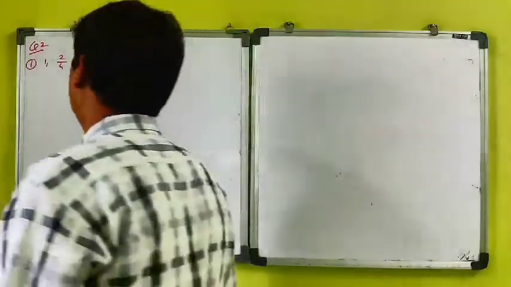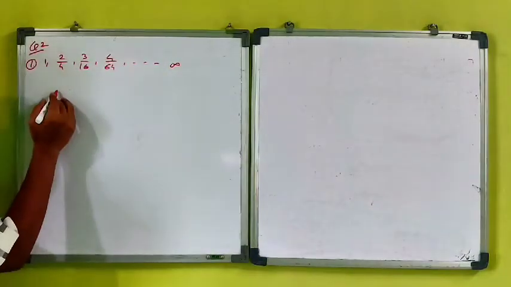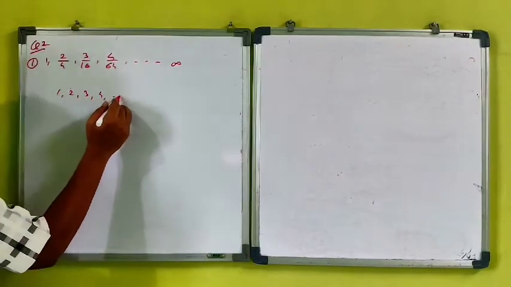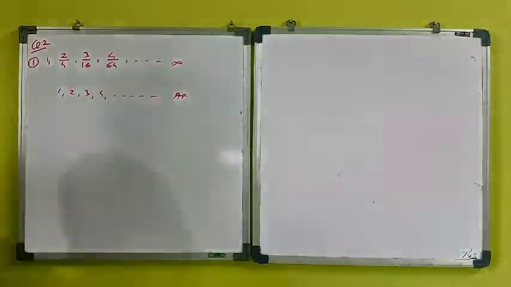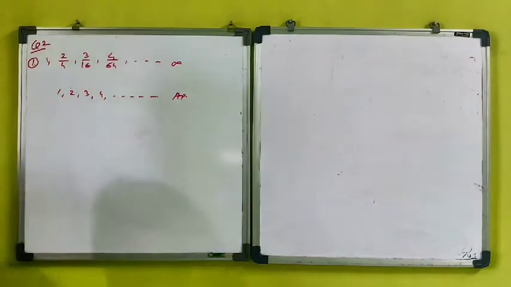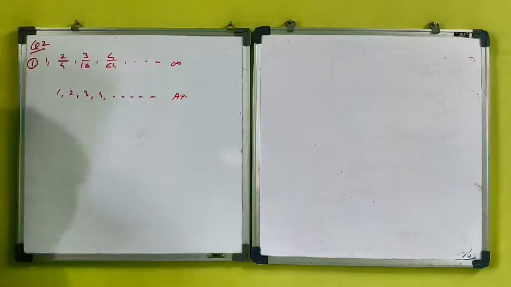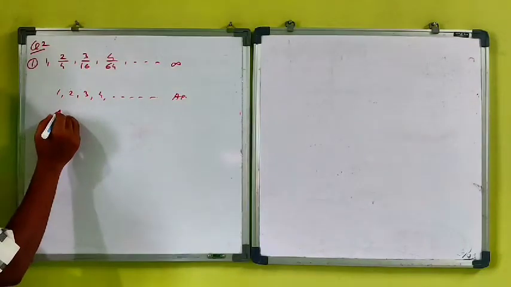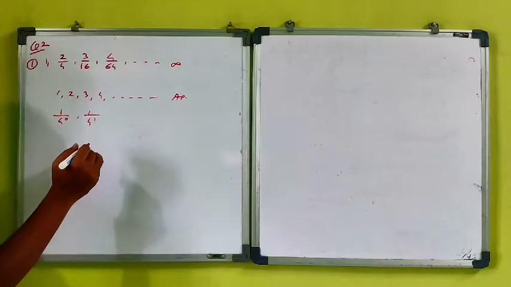So here, if we observe this particular question, 1, 2, 3, 4, like this, it is in AP, and the first term is, say, 1 upon 4 raised to 0, so that's not a problem. The second term is 1 upon 4 raised to 1.